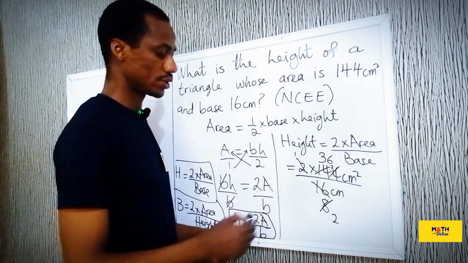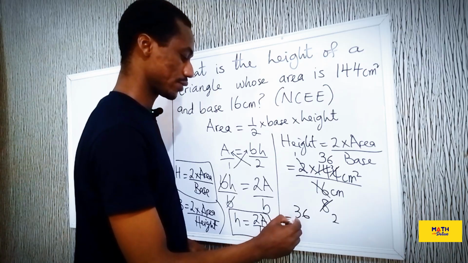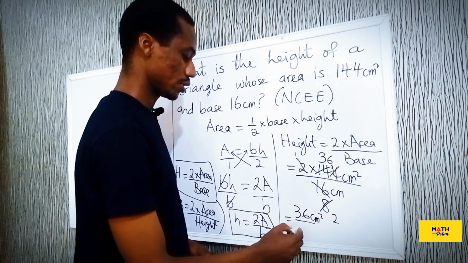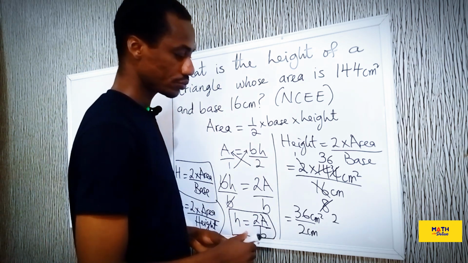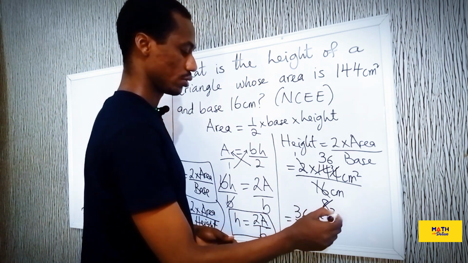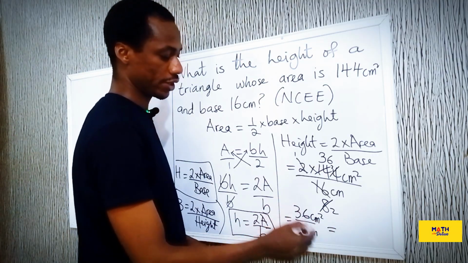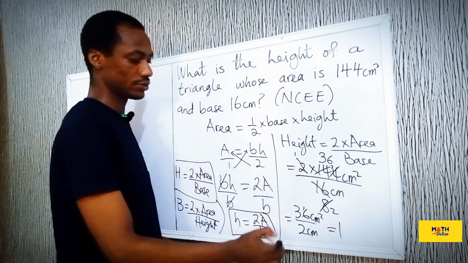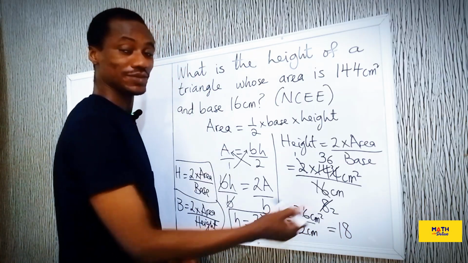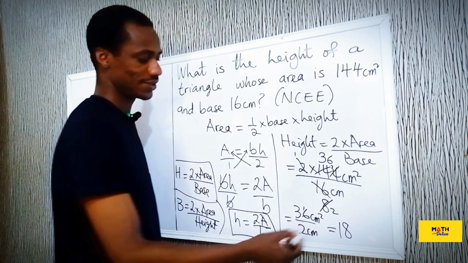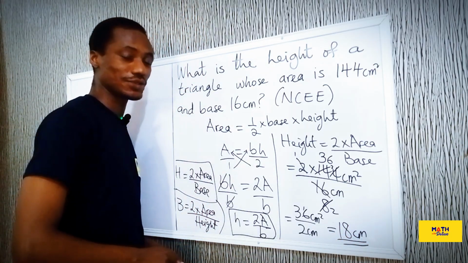I will rewrite that for clarity's sake: centimeters squared divided by 2 centimeters. That's all I have left. So 2 in 36: 2 in 3 is 1, remainder 1, and 2 in 16 is 8. Centimeters squared divided by centimeters will be centimeters. So the answer is 18 centimeters.